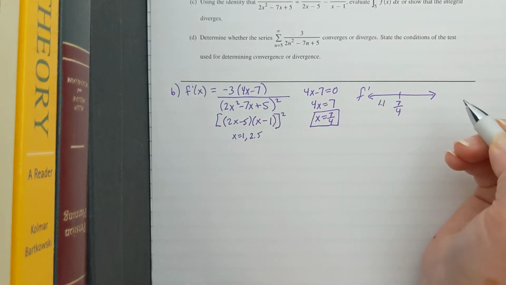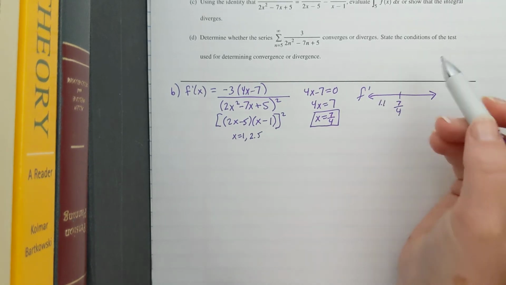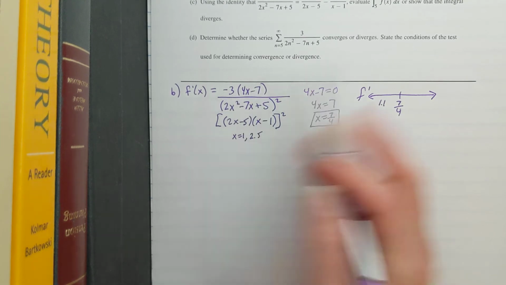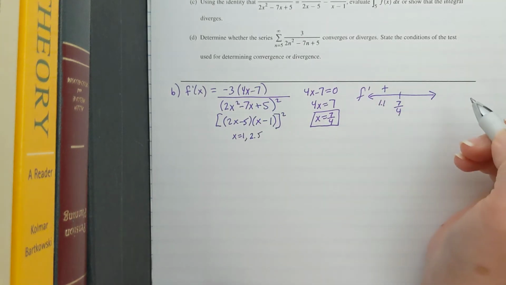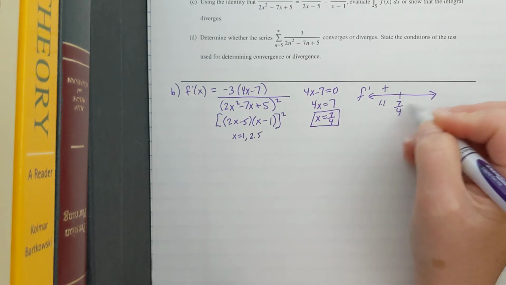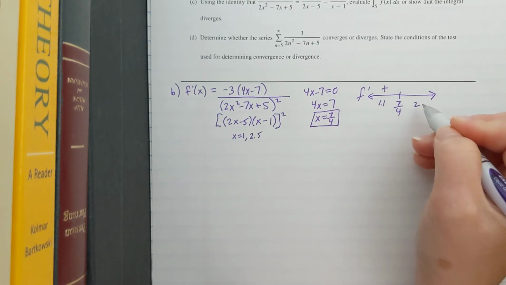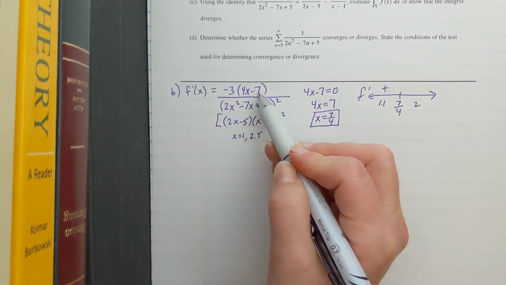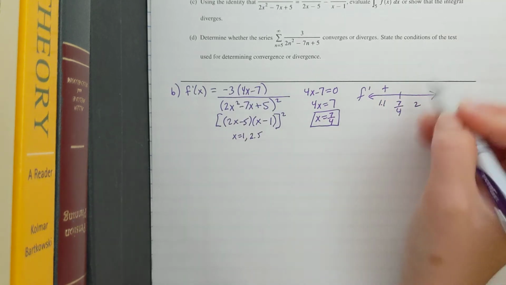How about 1.1? Okay, if I plug in 1.1 over here, we've got a negative times a negative, which makes that a positive. And to the right of 7/4, maybe I'll plug in 2. If I plug in 2, we've got here 8 minus 7, which is positive 1. Negative times a positive, that's a negative.